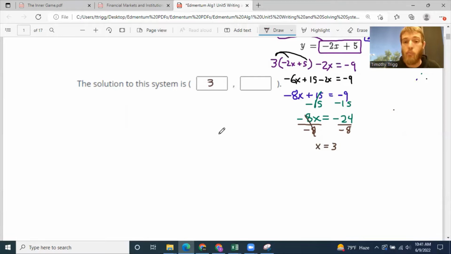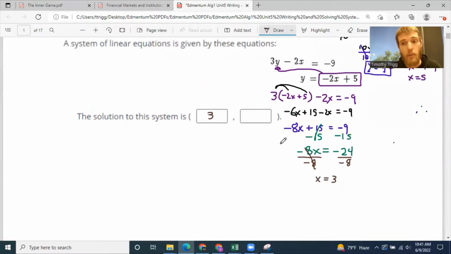Now, how do we find the value of y? Well, again, we're going to use substitution. So I could take this value for x that we just found, and I can substitute it into this equation here, replacing the x in this equation with the value of x, 3. So let's rewrite this equation.